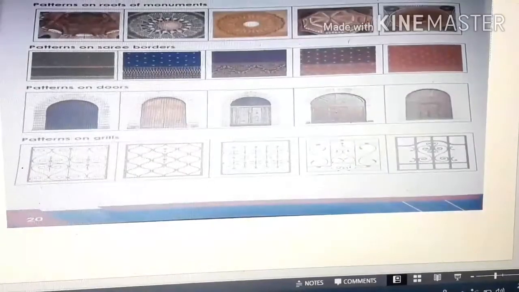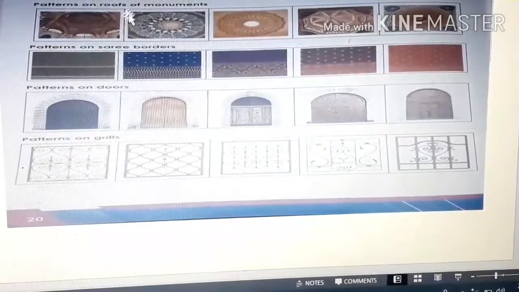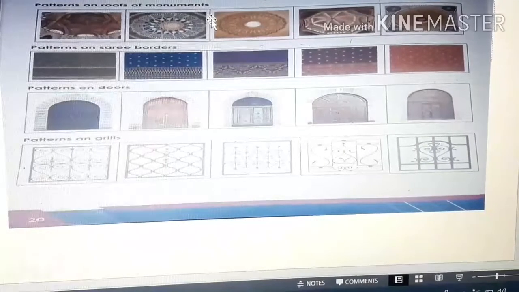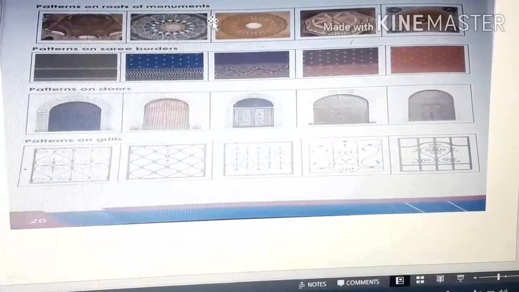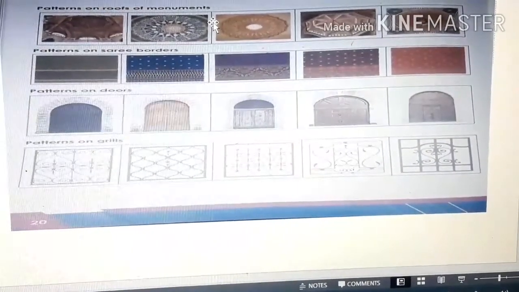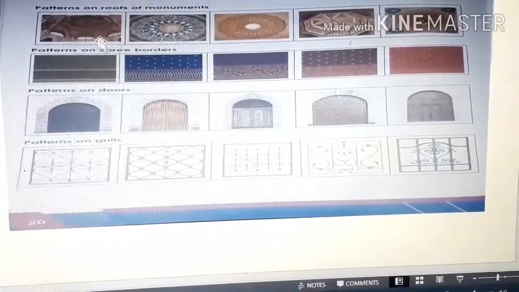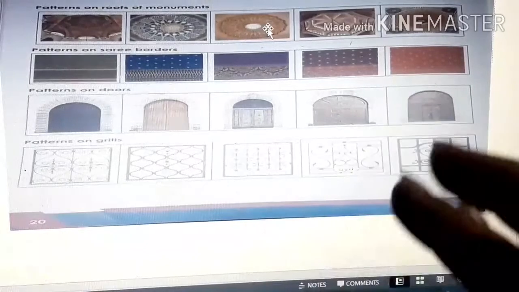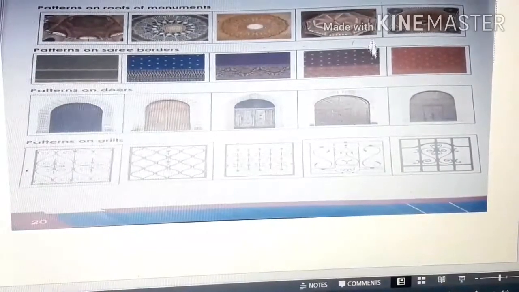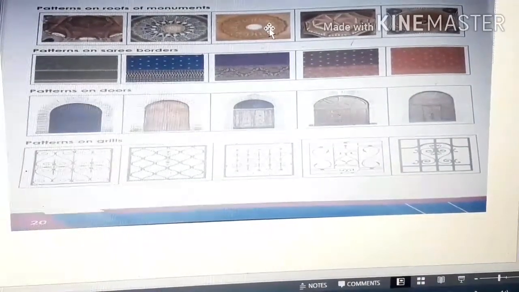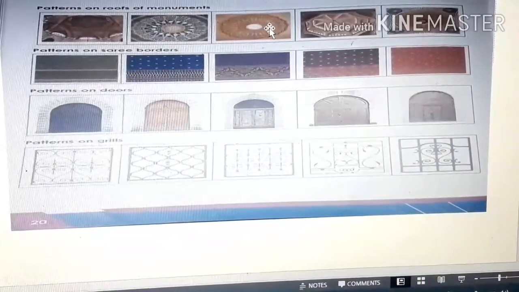Take out page 20. Now, patterns on the roof of monuments. If you visit any monument and see the roof, patterns are followed like this. So you can see designs like this where they follow the patterns. These are patterns on the roof of monuments.